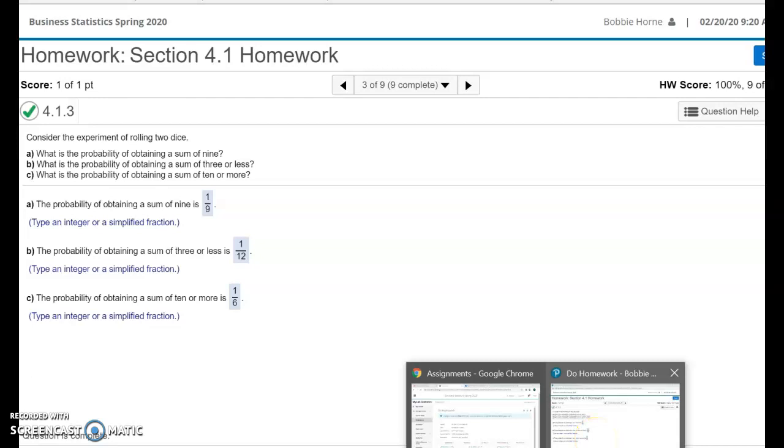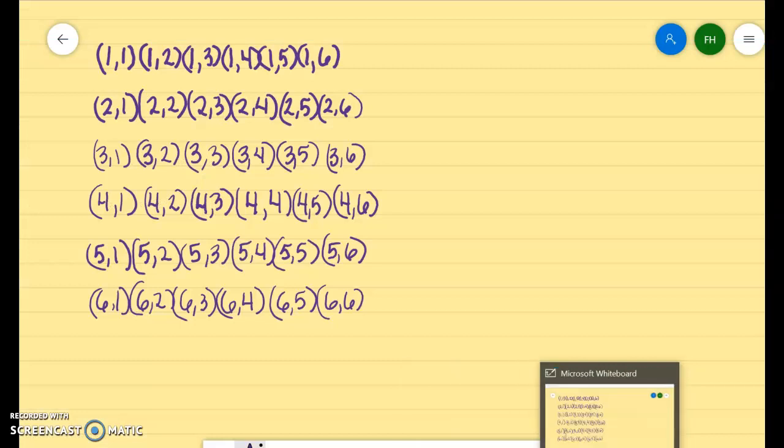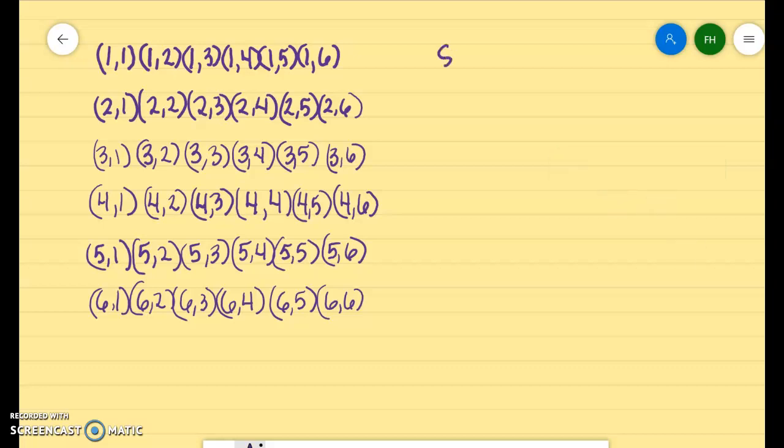The probability of obtaining a sum of 9. So the hardest part is just writing it out. But a sum of 9, well, that would be 3 and 6 would add up to 9, 4 and 5, 6 and 3, and I believe that is 5 and 4.